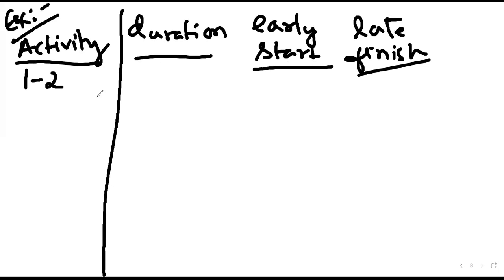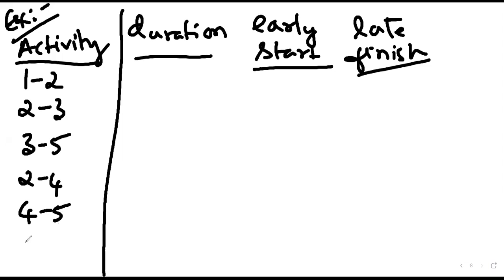Activity column: 1-2, 2-3, 3-5, 2-4, 4-5, 2-5. Next, duration.